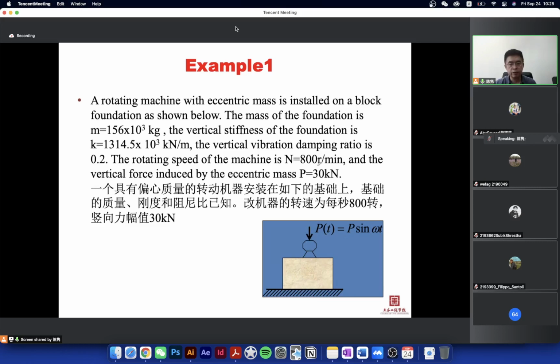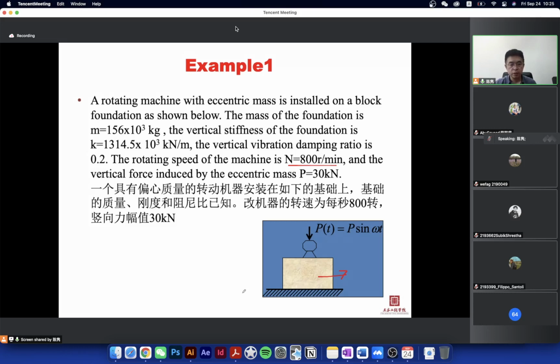The vertical stiffness K of the foundation means this foundation can be simplified as an SDF system. So it's this value, and the vertical vibration damping ratio of this block is this value, and the mass we already know. The rotating speed of the machine is this value, and the vertical force induced by this eccentric mass is P0 equals 30 kilonewtons.